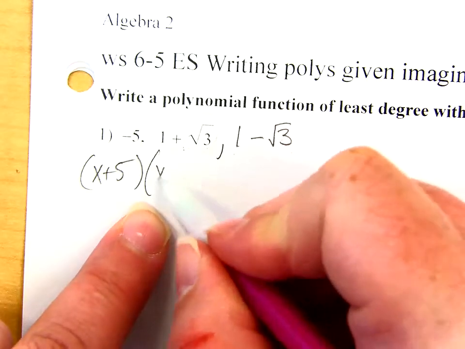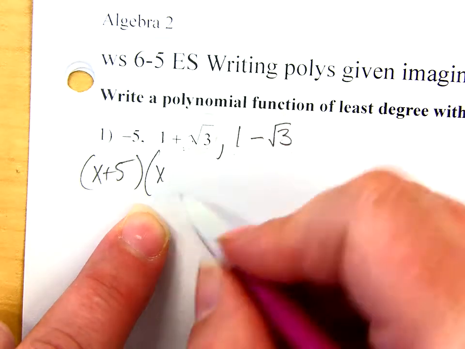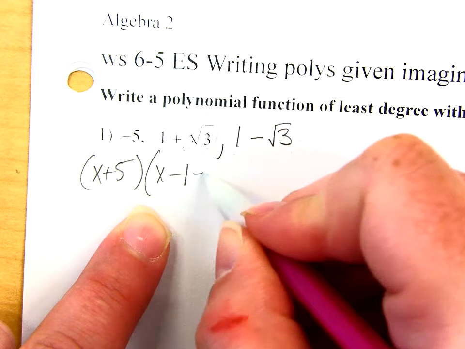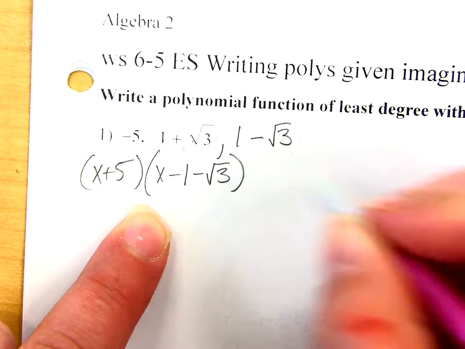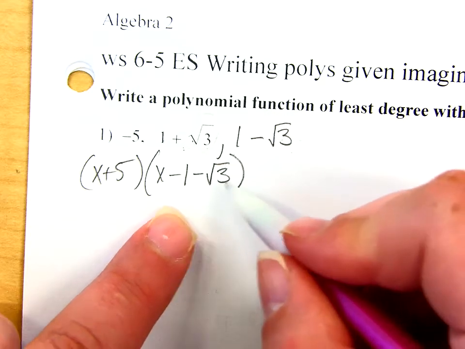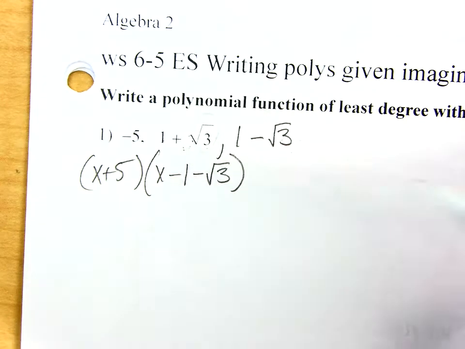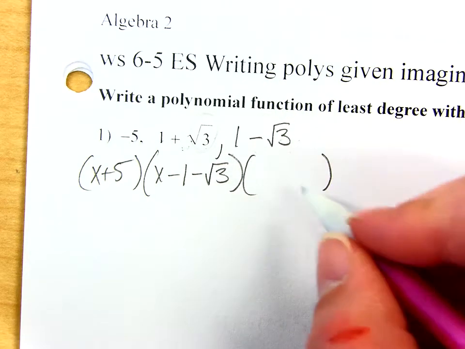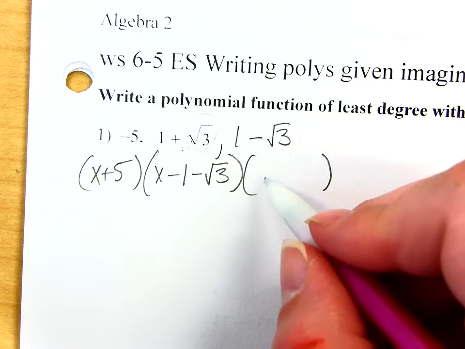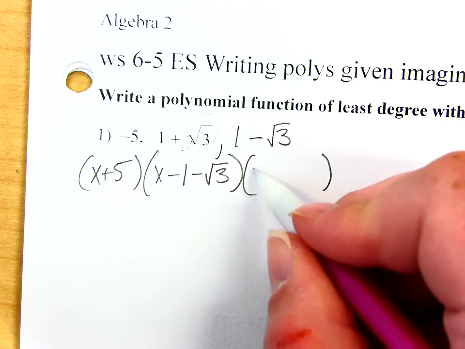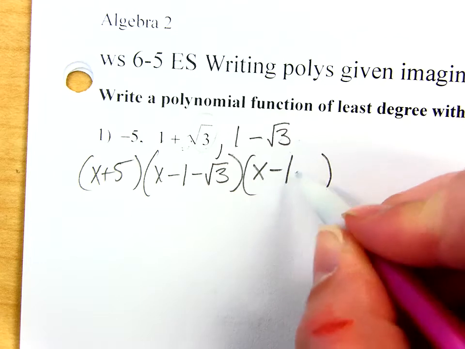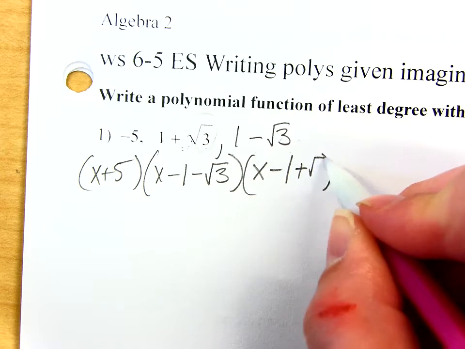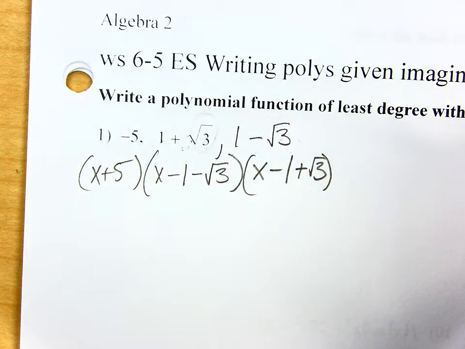This guy came from x minus both of these things, right? 1 minus root 3. Because if you were to set that equal to 0, you would have to add them both to the other side, and that's how you would get here. So try it with this one. Where did he come from? It's still x minus 1, but now it's a plus root 3.